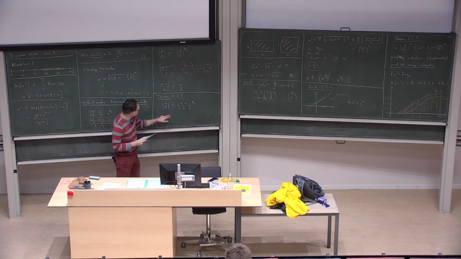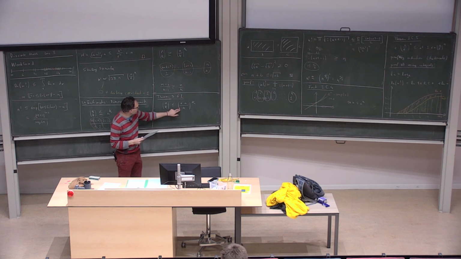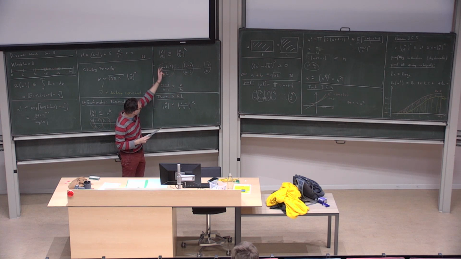So we see here that this upper bound is quite close to the lower bound we already had. It's just this e to the k that comes in additionally for the upper bound.